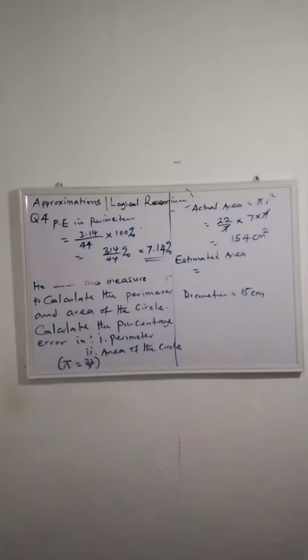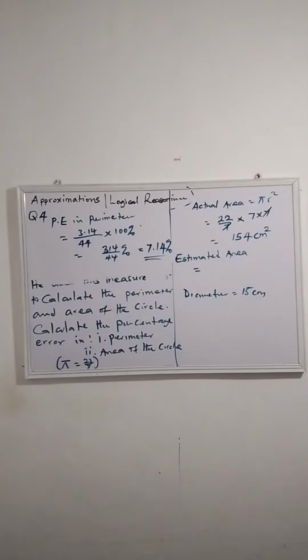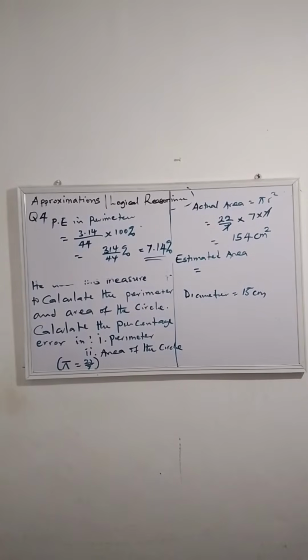Okay, Nwaru, you're welcome to class. What do you have? Now I can see Olorun Fumi, 176.786 centimeter square. All right. Moturayo, what's your answer? Okay, I can see Olorun Fumi's answer.